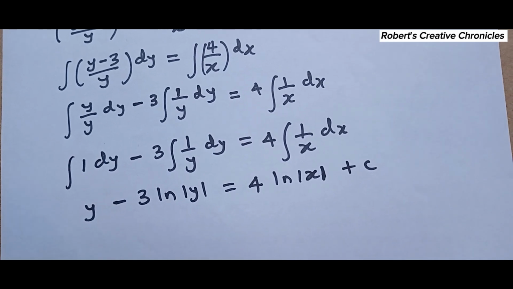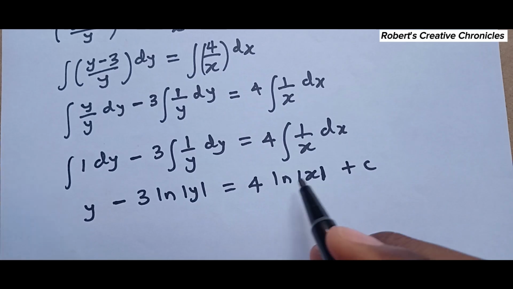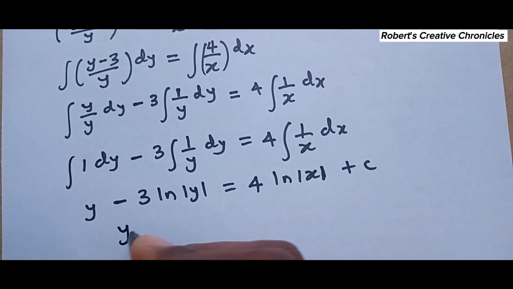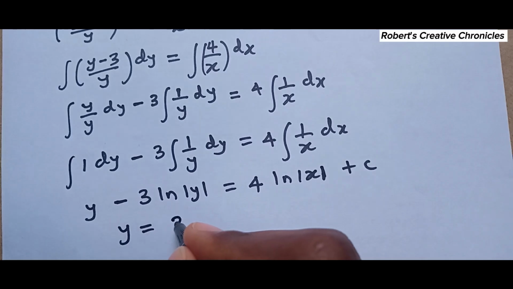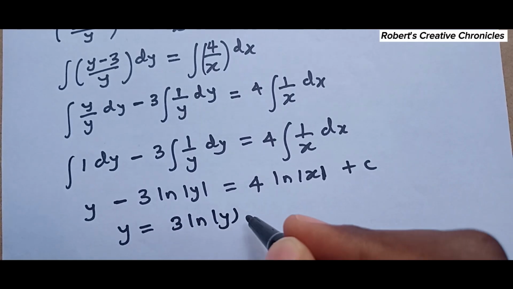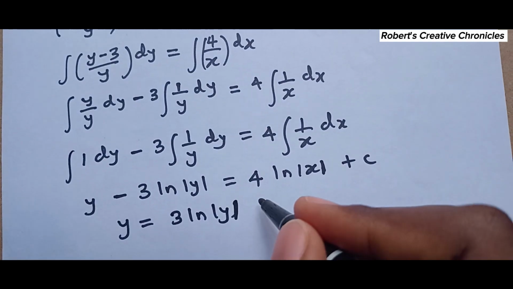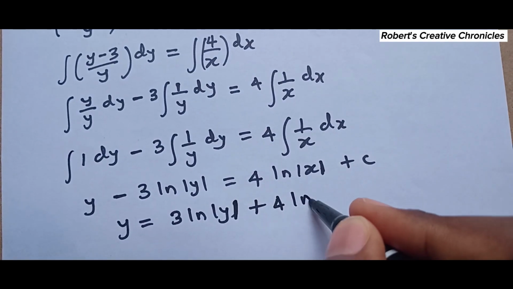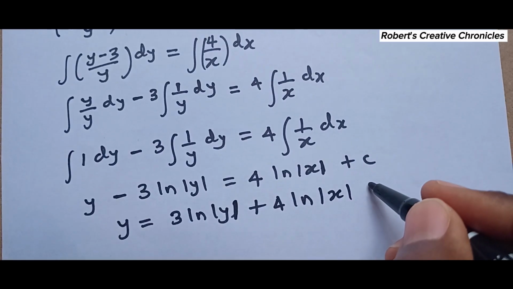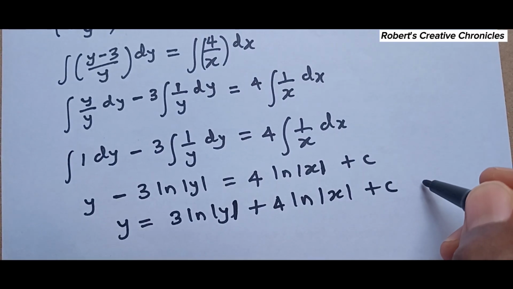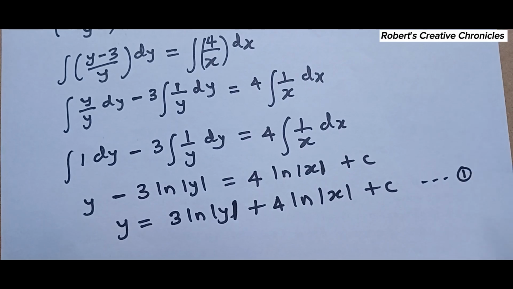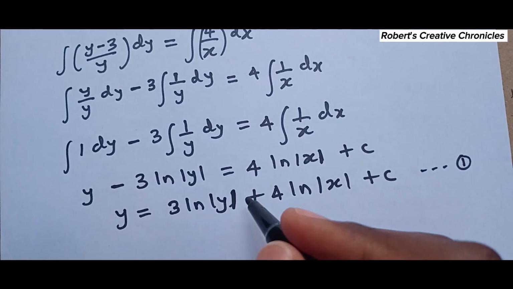So you can leave it like this, it's also correct, this is the answer, or you can just say y equals 3 ln y plus 4 ln x plus c. So this is the answer for the A part.